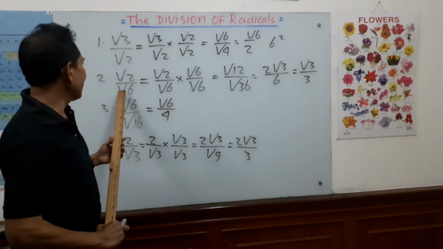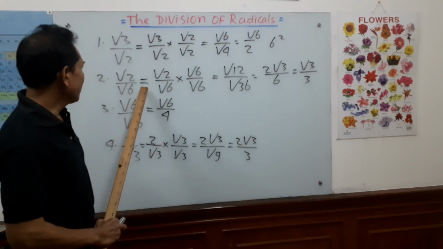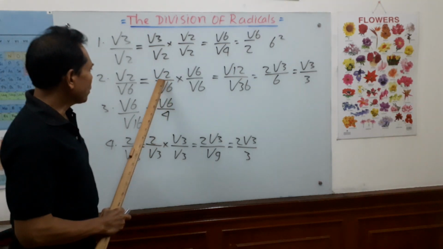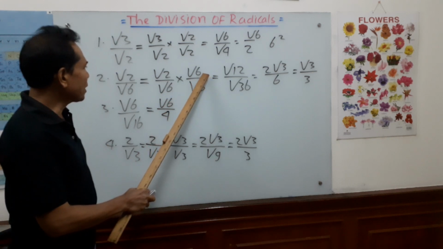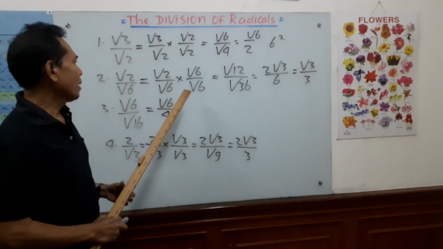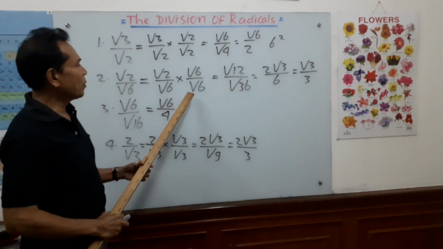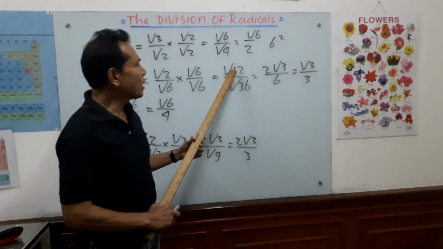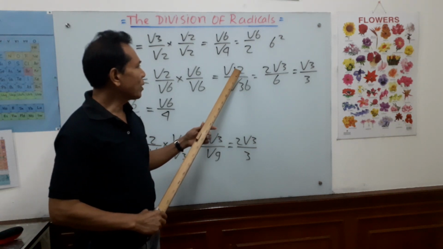That's for number 1. Number 2, we have square root 2 over square root 6. We rationalize the denominator, so square root 2 over square root 6 times square root 6 over square root 6. Now square root 2 times square root 6 is square root 12, and square root 6 times square root 6 is square root 36. Now we need to simplify this. I showed you how to simplify square root like this.